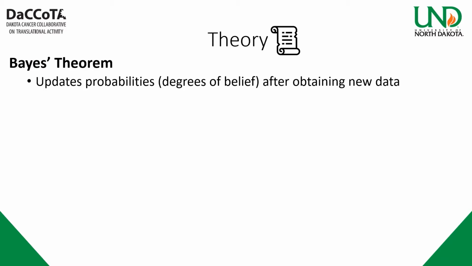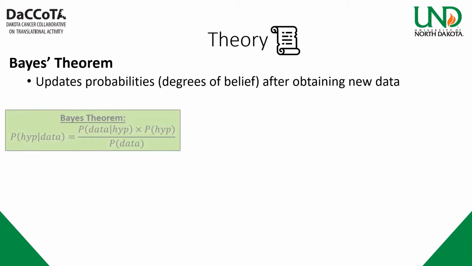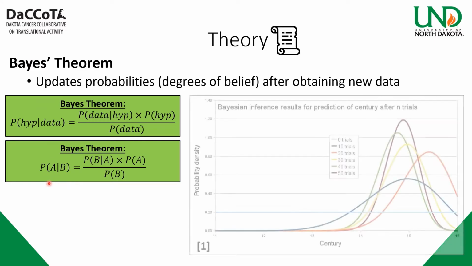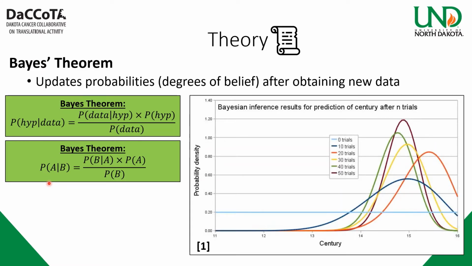We obtain new data and we update that belief. So here's a couple of different ways of looking at it, whether you want to have words or just symbols A and B, either way.